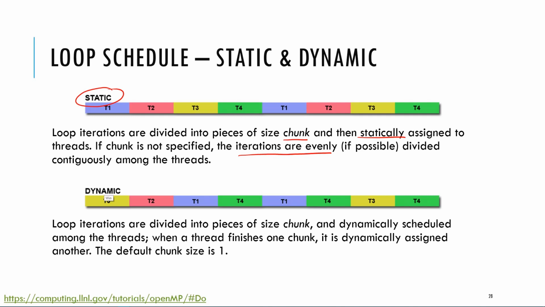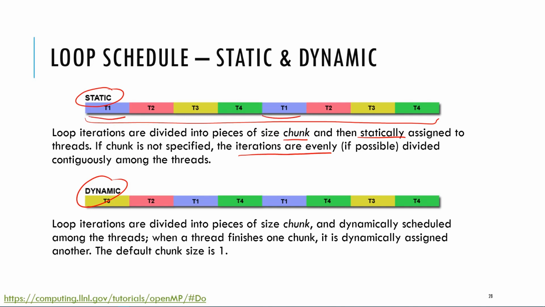The other way that you can schedule your for loop iterations is to assign them a dynamic allocation. In the static case, imagine this whole zone defines the total number of iterations. If you don't define a chunk, then if you have 4 threads here, each of them could work on twice this chunk of iterations.